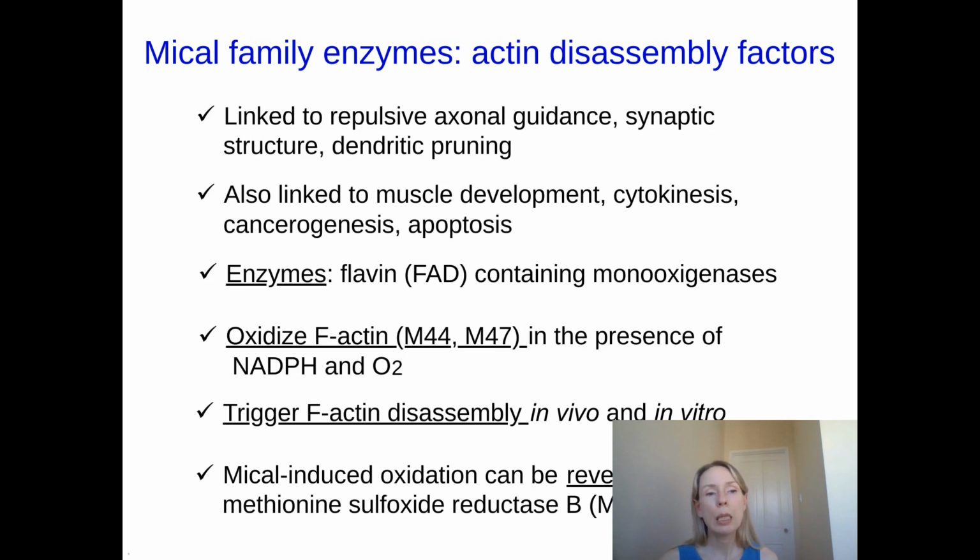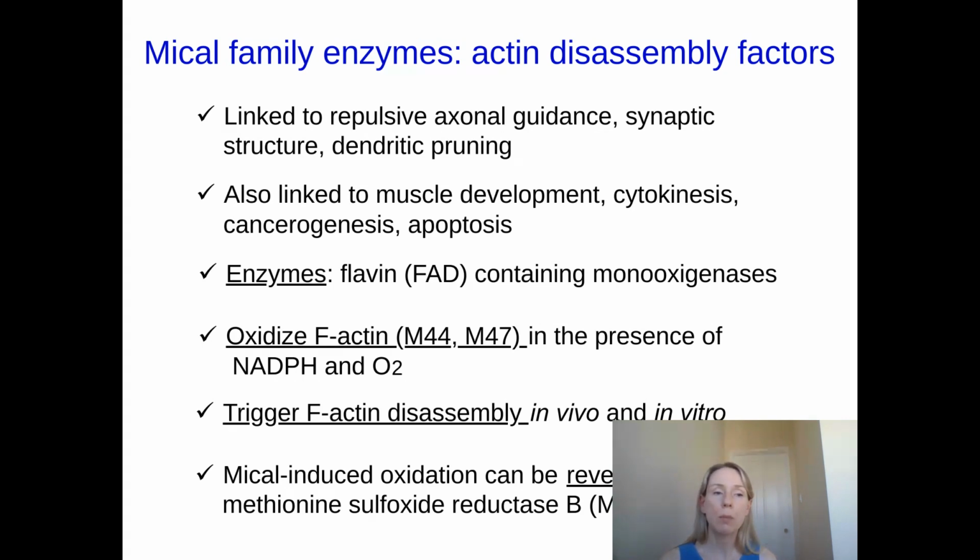What is unique about those regulators, as opposed to most of the known actin regulators, is that those are enzymes. Those are biological catalysts, more specifically flavin-containing monooxygenases.